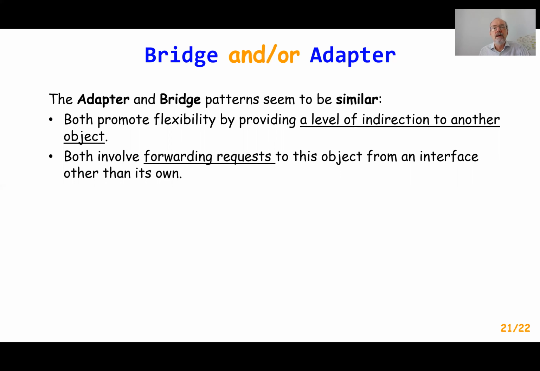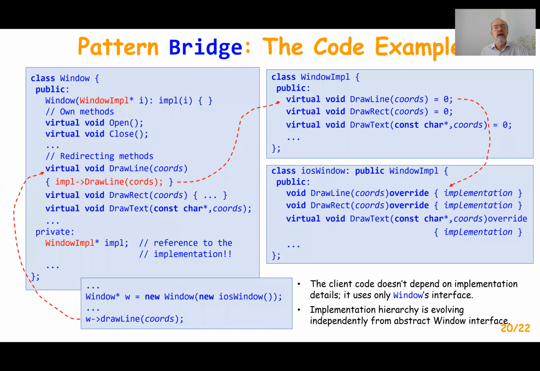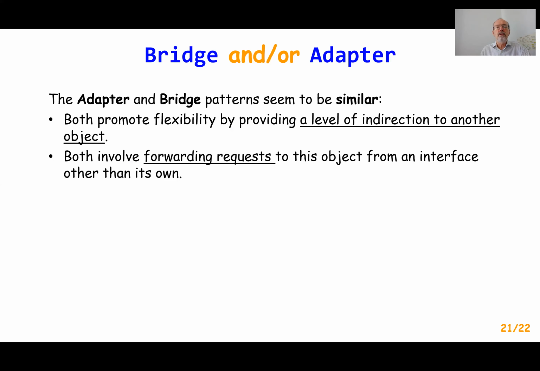The similarities are the following. Both promote flexibility by providing a level of indirection to another object. Look, here the illustration of indirection is visible. Both involve forwarding requests to this object from an interface other than its own. Yes, this is also true.